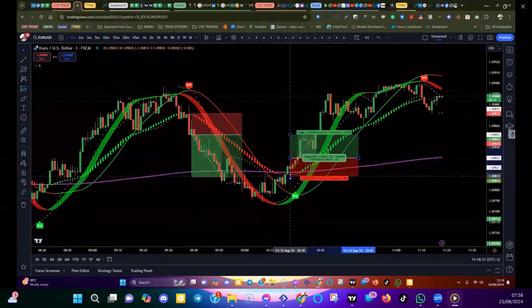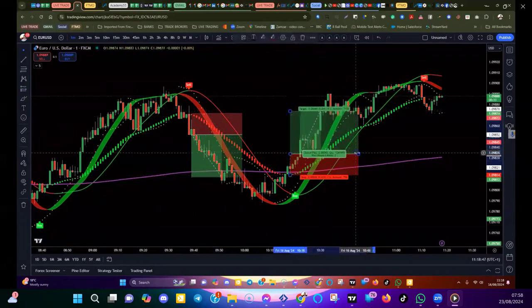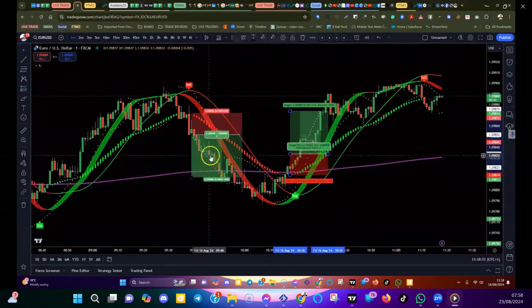Your stop loss goes there because that is the closest point to the entry. Making sure you are a minimum of 2 pips away. And your 2 to 1 is up there. So as you can see, we have a winner there.